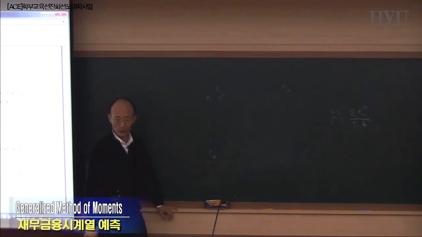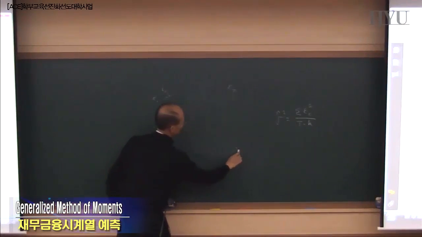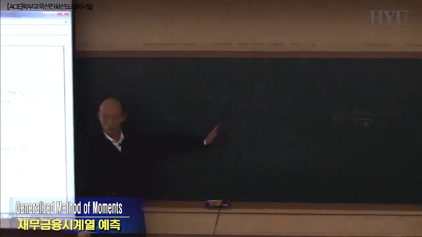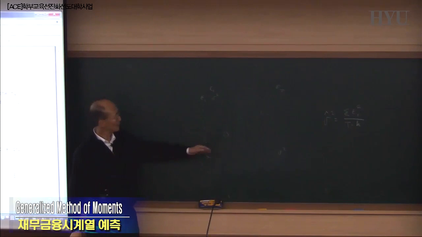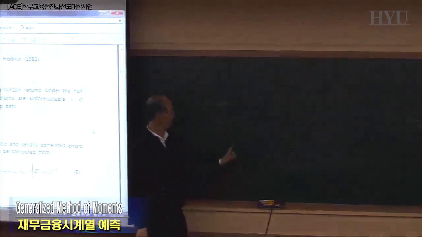If there's no serial correlation, then this is a situation of classical least squares. So in matrix notation, that's what they write.